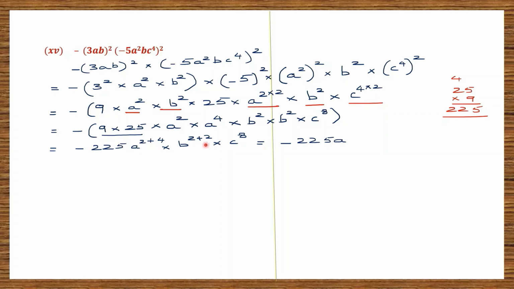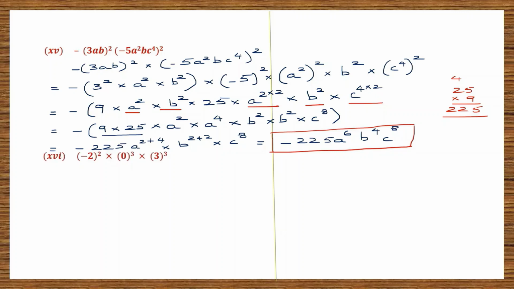B to the power of 2 plus 2 is 4. So let's write a to the power of 6. Then we have b to the power of 4 and we have c to the power of 8. So this is our final answer, that is minus 225, a to the power of 6, b to the power of 4 and c to the power of 8.